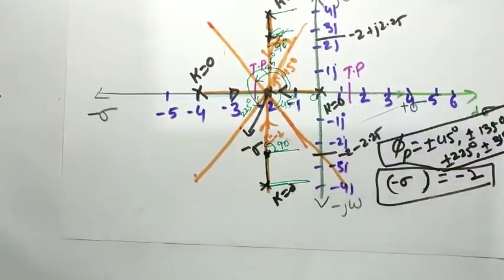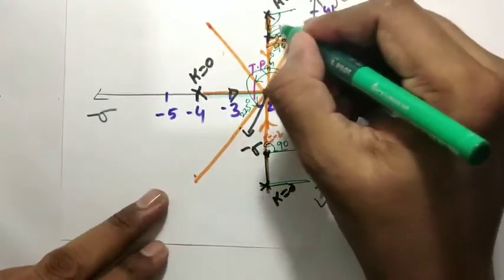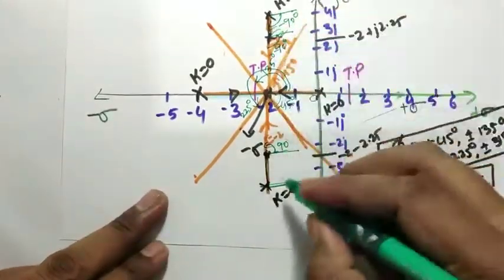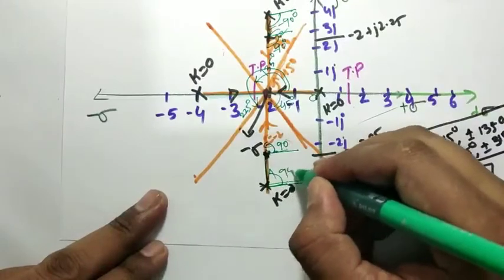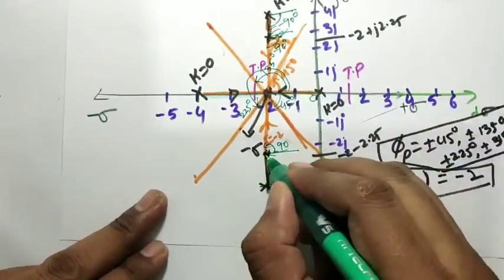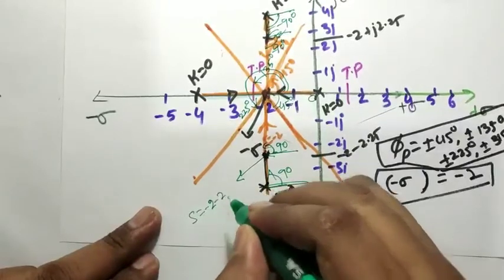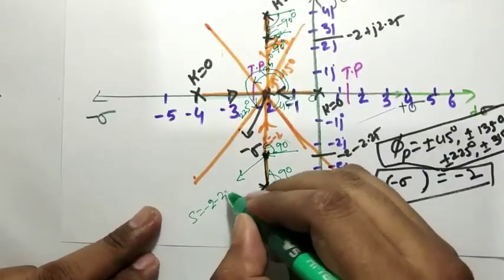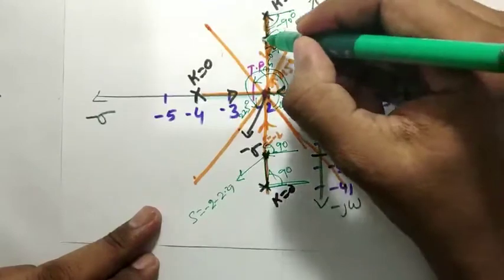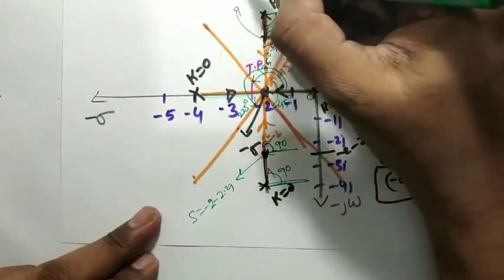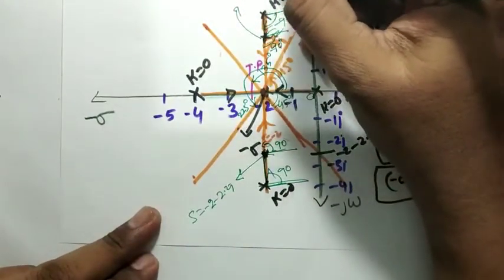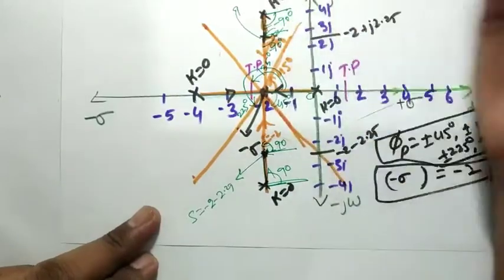So this is moving at an angle of minus 90 departure, and this is plus 90. So what is this one? The breakaway points. So you have found that s equal to minus 2.25 is a breakaway point, and this breakaway point is s equal to minus 2 plus j 2.25.